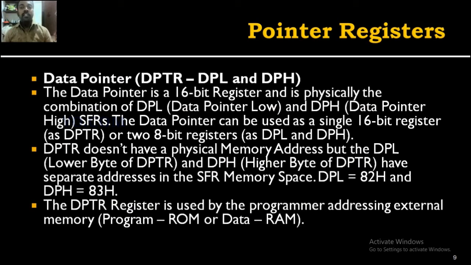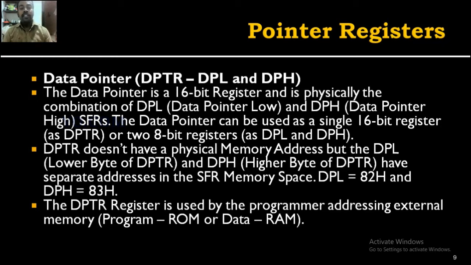Next we are going to see the pointer register. So pointer register is also called as DPTR, that is data pointer. So the data pointer is a 16-bit register, and this data pointer register can be operated as two 8-bit registers, that is DPL and DPH.